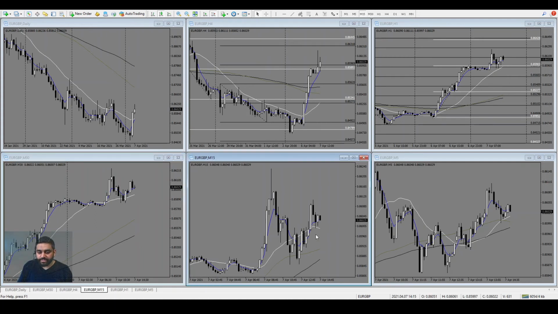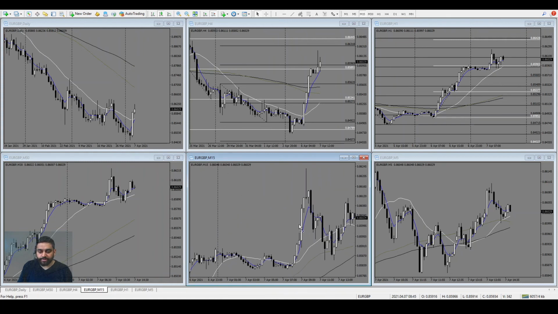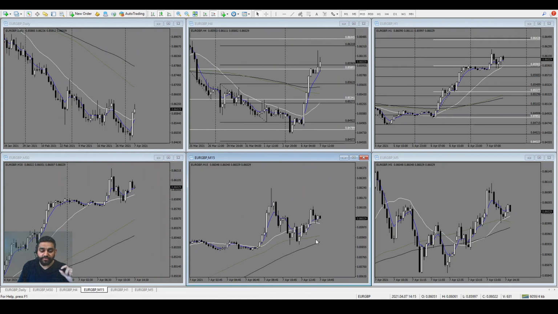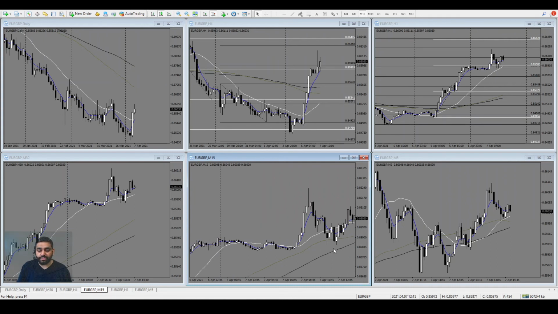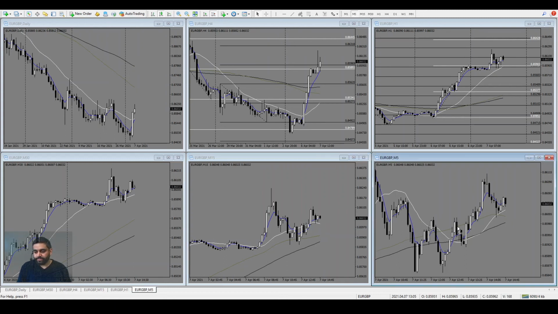Going on M15, very similar story, and it's got a very rangy move because it's done the bounce off the olive, left a candle close, so there's a potential signal for it to come down to the black. The fact that it's left multiple home cross origins up and down on the time frame can potentially indicate that we could be coming down to the black on M15.